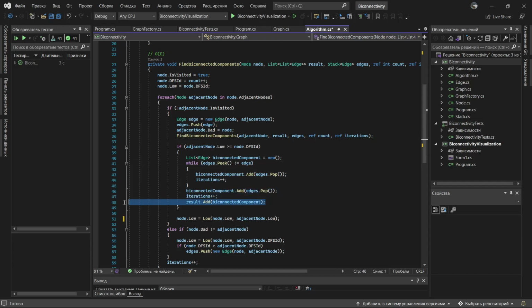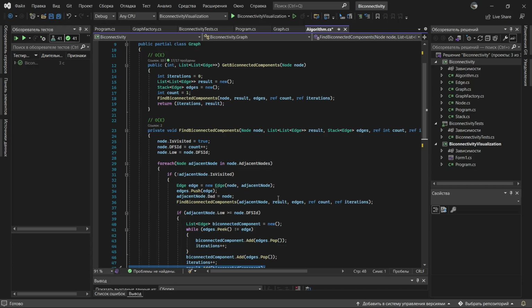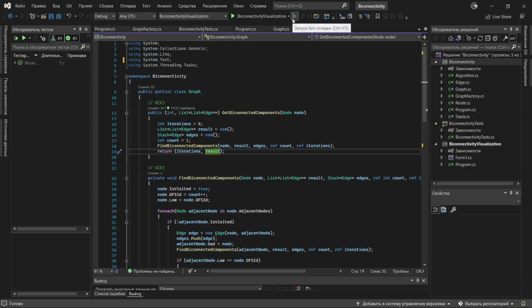After that, we add this list to our big list of all results. And after the algorithm finishes its operations, we return our result and the number of iterations, because my task was to analyze the results and build the graphics.